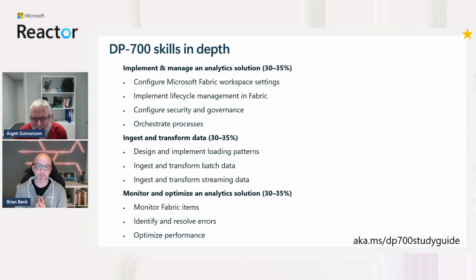Perhaps the optimize performance part is the wild card, because that can be anything, right? Yes. That could be pipelines, notebooks, PySpark, SQL, KQL, whatever coding things we have. So I think the main thing here is to be able to figure out where do I find out if something is going slowly, and over time as well.